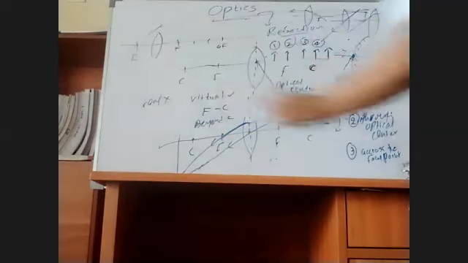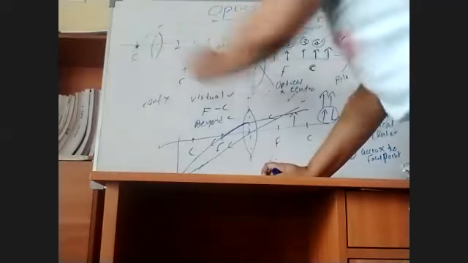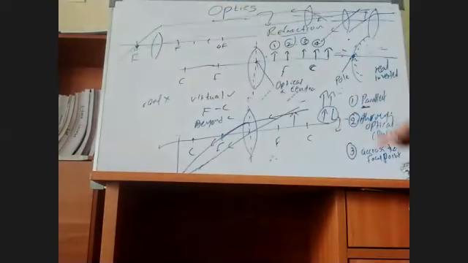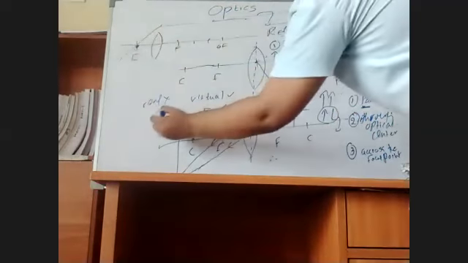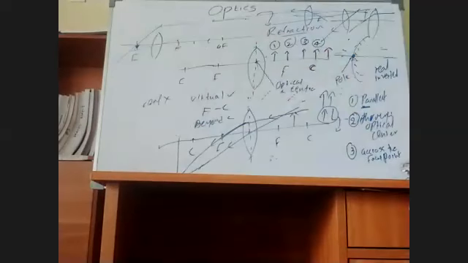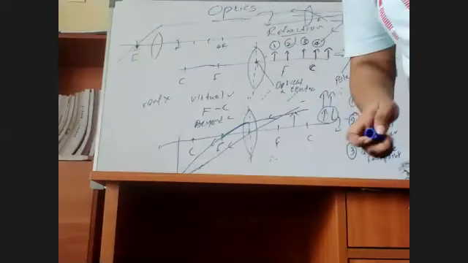When you draw it, all the lines will actually focus at the focal point. I will draw it and send it to you. When the object is at infinity, the image will form at the focal point as a point image.